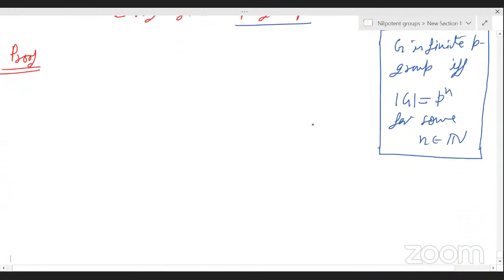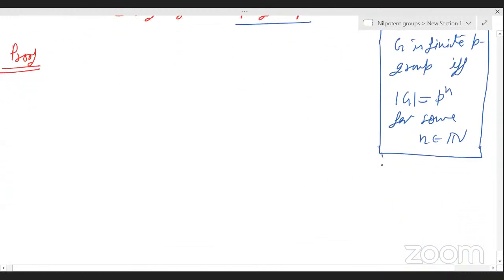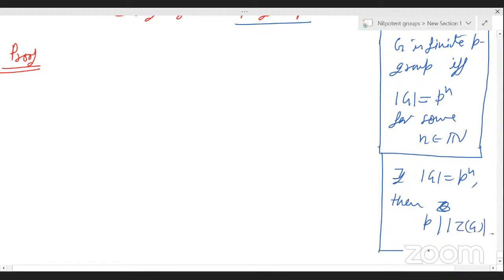So let me state that result and then we'll proceed. If the order of G is p to the power n, where p is a prime, then p divides the order of the center of G. So the center of G is non-trivial.